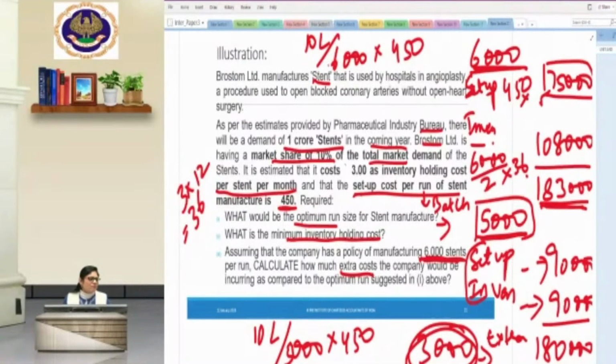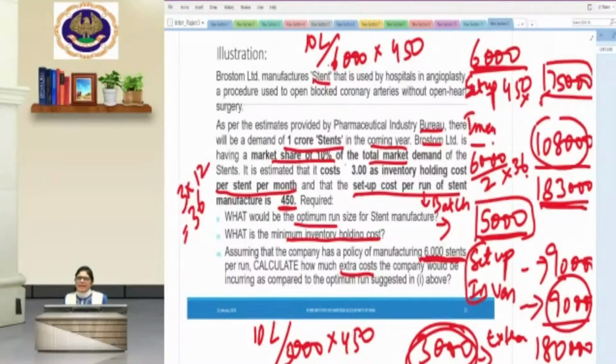Okay, you have calculated only the carrying cost. You can calculate the total cost also. For the third one, you can calculate the difference after calculating the total cost. But you have just calculated for the inventory minimum holding cost. So the minimum holding cost for 6,000 is 1 lakh, and for this it is 90,000.